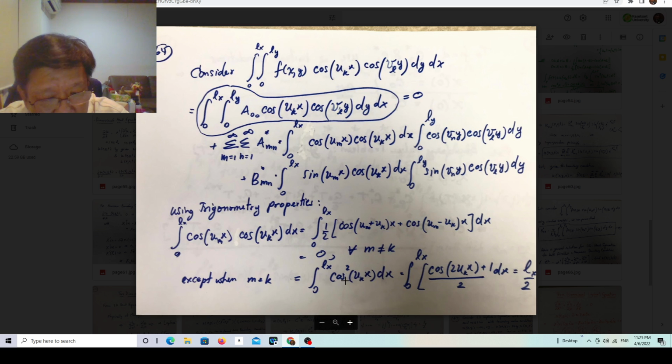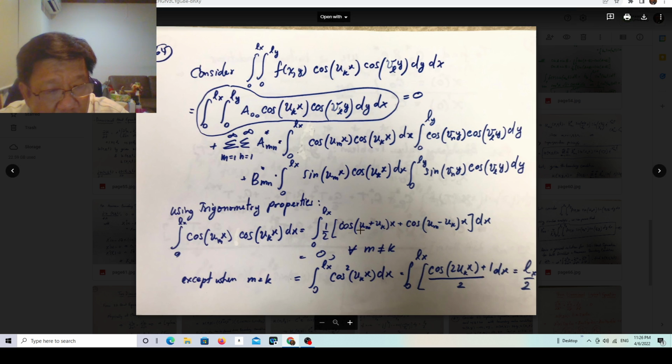When you know cos square over here, you can use the property of cos square theta equal to cos of 2 theta plus 1 divided by 2, trying to eliminate the cos function, since you know that integral of cos is always 0 over the period. So the remaining term is only 1 by 2, which is integral 0 to Lx of dx divided by 2. The result of this evaluation, you get L sub x divided by 2.